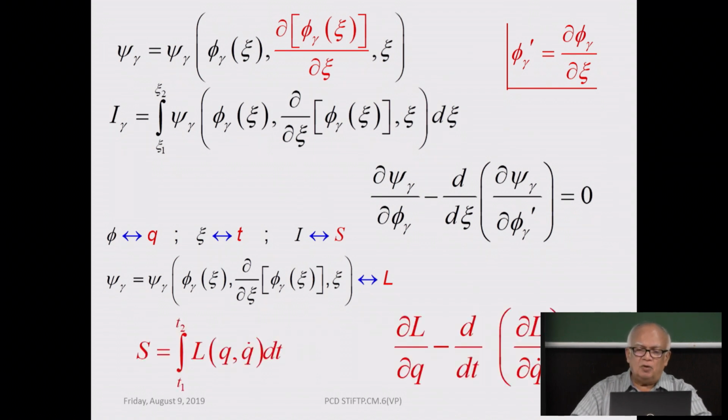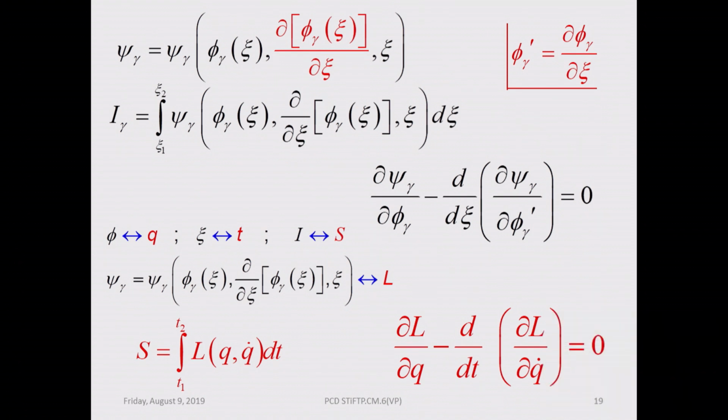Okay, so this is a general problem in variational calculus. The equation over here is known as the Euler-Lagrange equation.